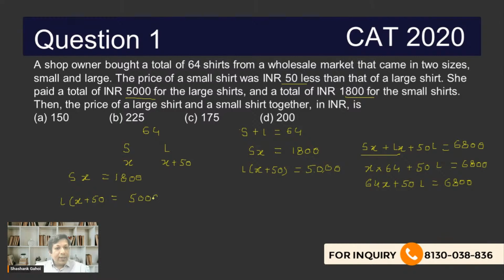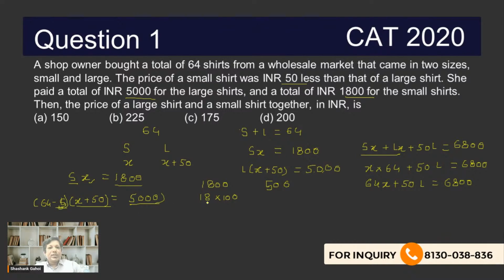It means I can say that L has to be a factor of 5000, S has to be a factor of 1800. This is what I know. And this is X, and this is 50 more than this. So I am just going to use factors and solve the question. So 1800 can be what? Let's say it is 18 into 100. And L is going to be, so basically what is L? L is 64 minus S.